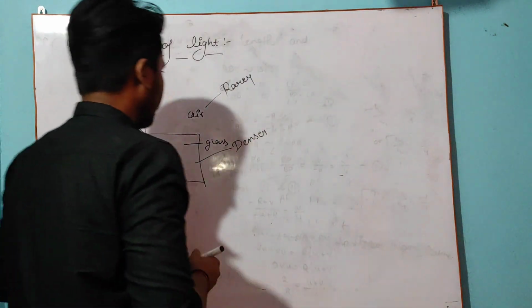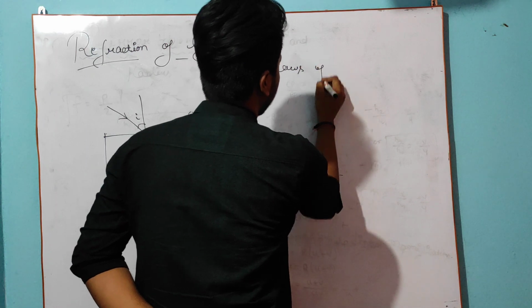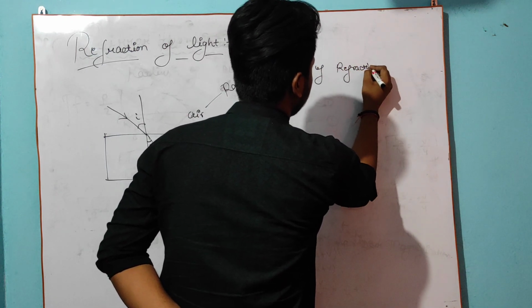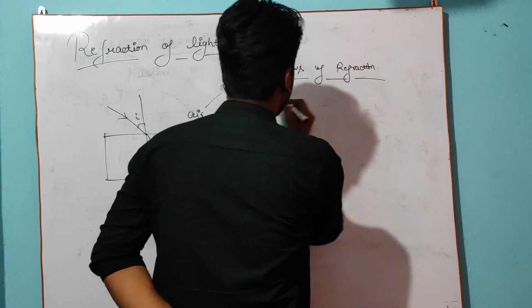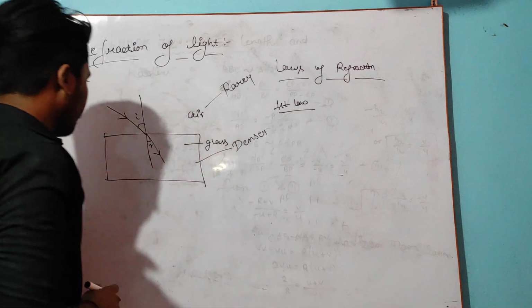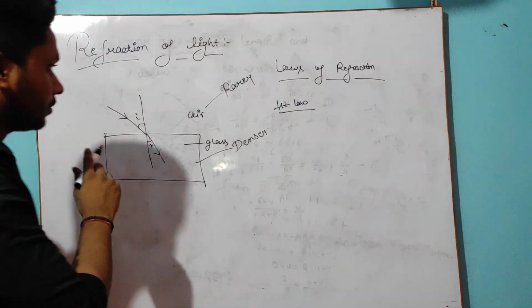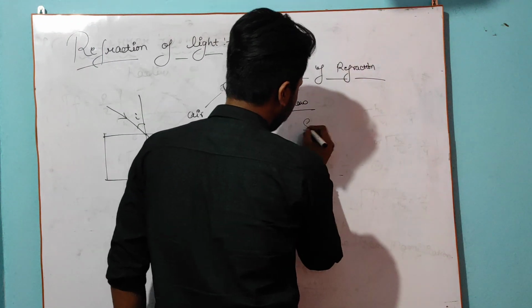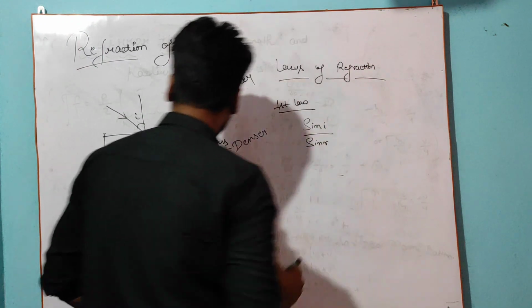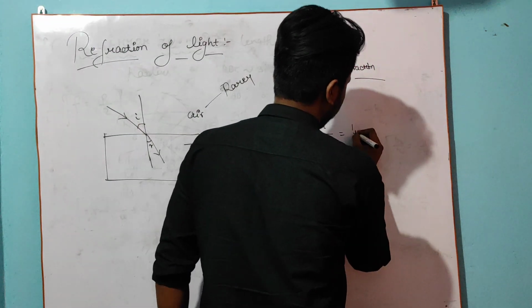Now, laws of refraction. First law. This is the angle of incidence and this is the angle of refraction. The ratio of the sine of the angle of incidence to the sine of the angle of refraction is constant for a given pair of media, and that is known as the refractive index of that medium.